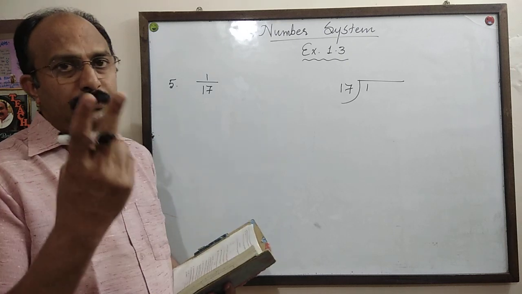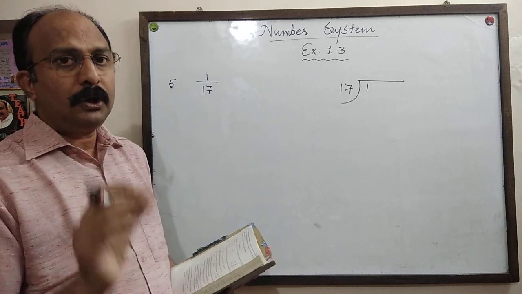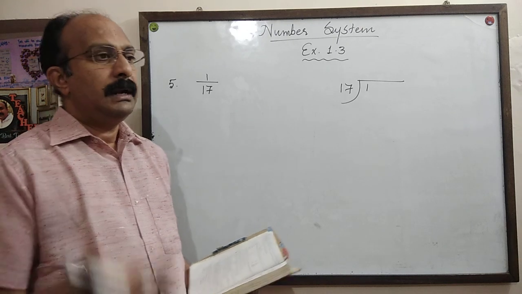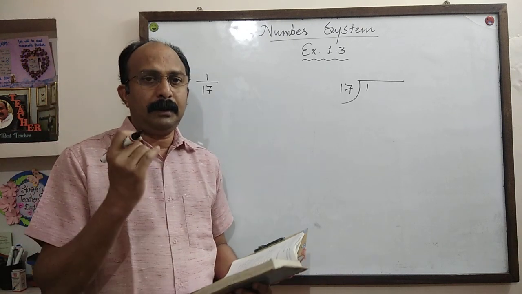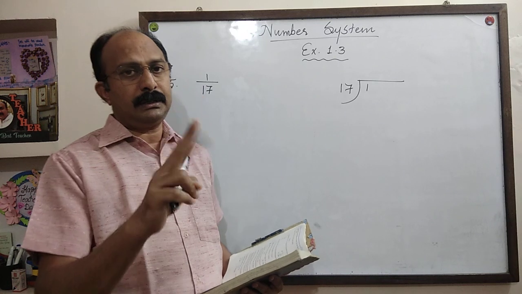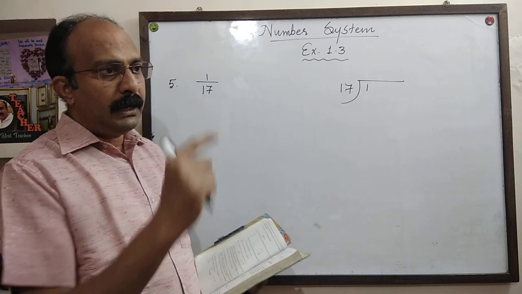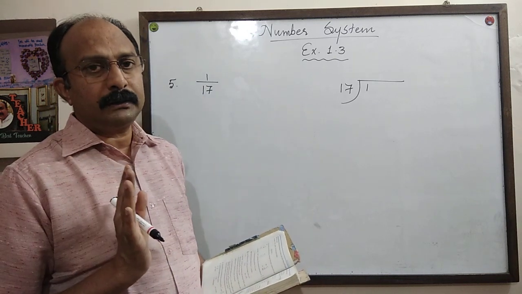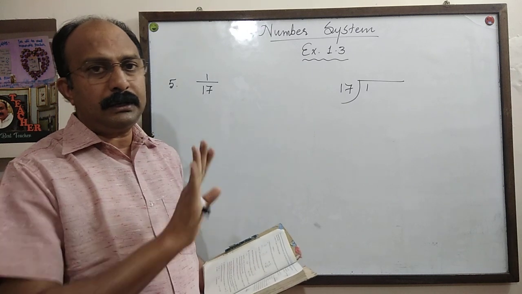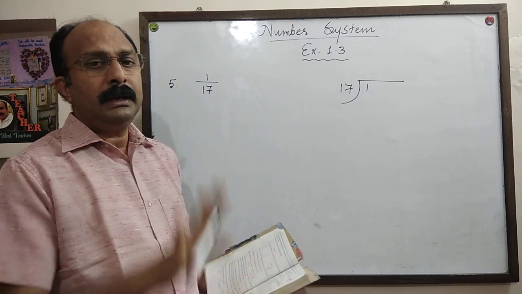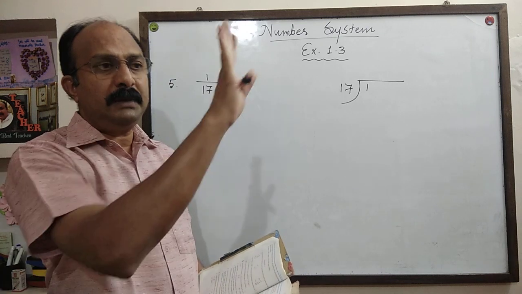Rational numbers can be of two types, terminating or non-terminating recurring. Take an example of a rational number p upon q having two conditions. Number 1, p and q should not have any common factor. Means numerator and denominator should not have any common factor. In other words, it must be in the simplest form.